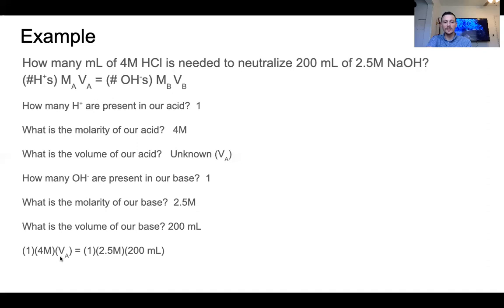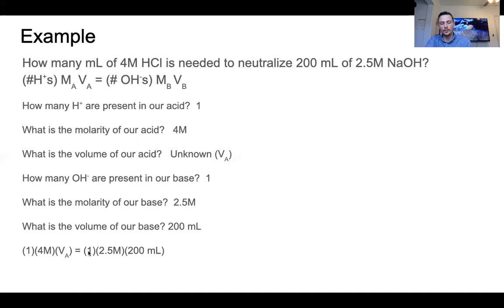Now to solve for our variable, since we only have one variable here, we just need to move everything to the opposite side of that variable. How I would do this, I would multiply everything on this side first, right? I have 1 times 2.5 times 200. If you plug that into your calculator, you end up with 500 milliliters.